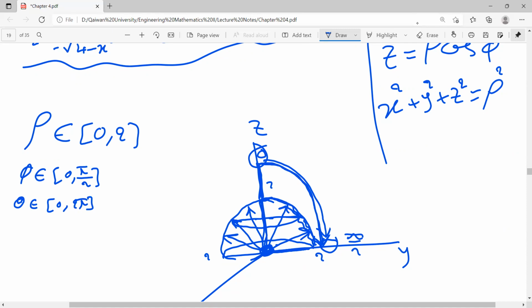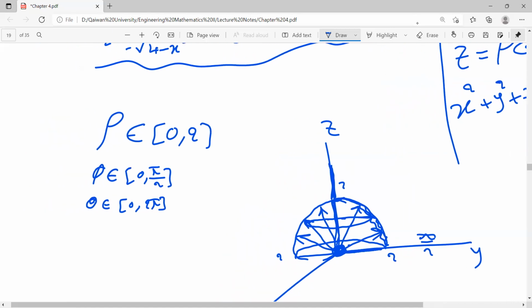As I said, theta is the horizontal angle, and the horizontal one is a circle. For a circle, we say it is 360 degrees, which is 2 pi.